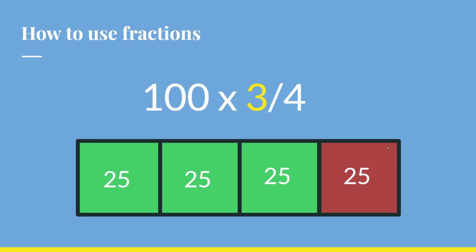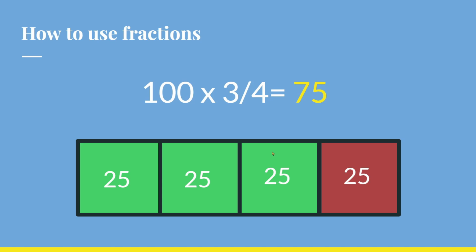That is because we're not looking at the whole, we're not looking at 4 over 4, we're looking at 3 over 4, right? And again, remember we got these because we took 100 and we divided it by 4 for the denominator, and then we're going to take 3 of our pieces of division, and we're just going to add them together, and we're going to get 75 as our answer, right?